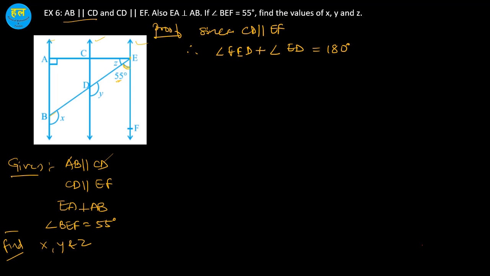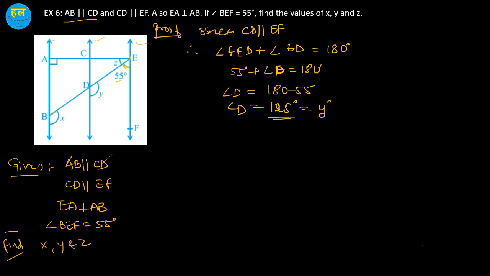So 55 degrees plus angle D is equal to 180 degrees. Therefore angle D is equal to 180 minus 55, which is equal to 125 degrees. So angle D is equal to 125 and that is equal to Y.